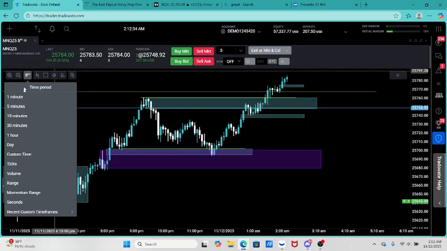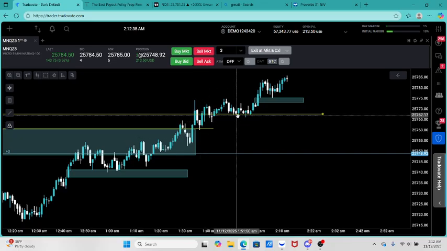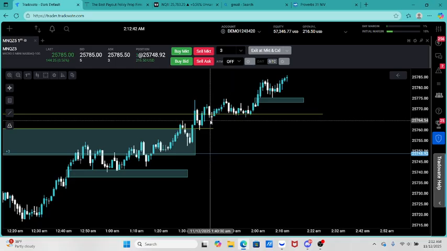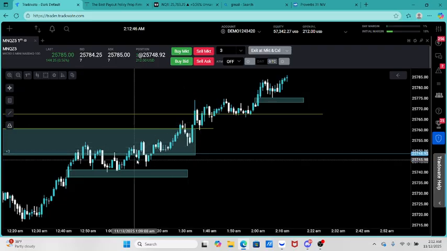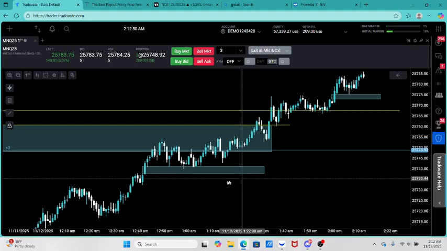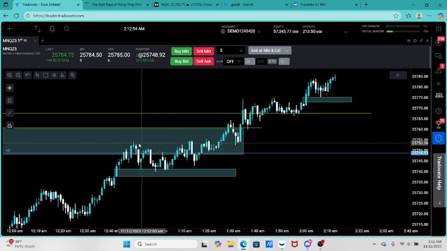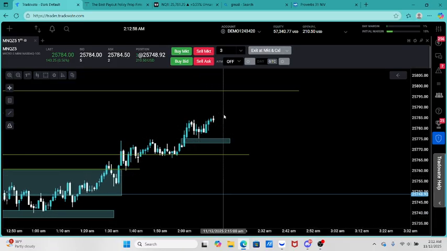On your 1 minute, there's just going to be a lot of liquidity sweeps, like here. We held on to this order block and took out some lows right in here. There's always going to be a lot of choppiness before the big move up. They try to get people out of the market. We're just kind of waiting now.